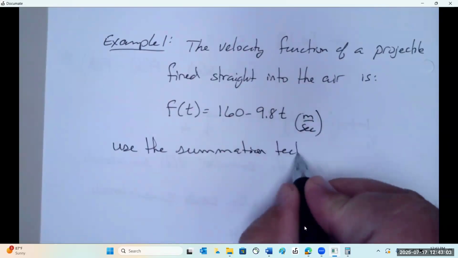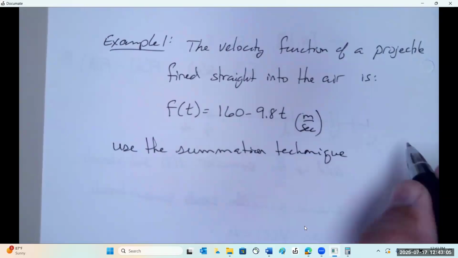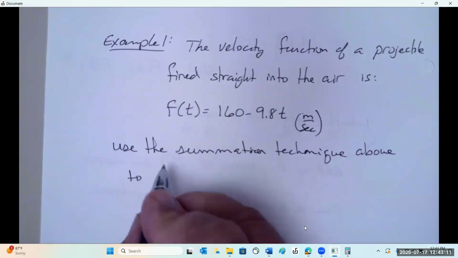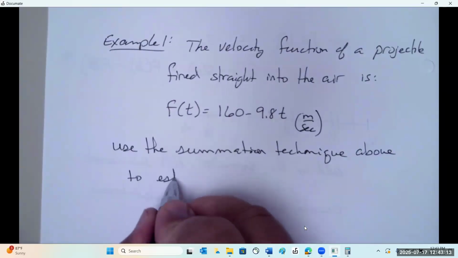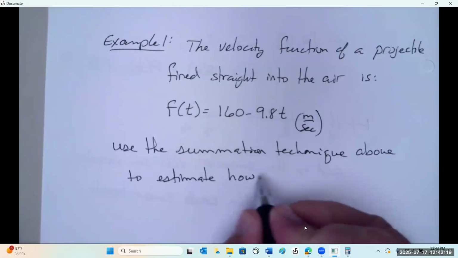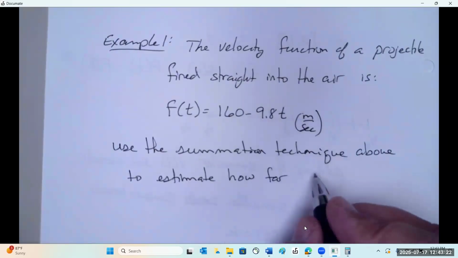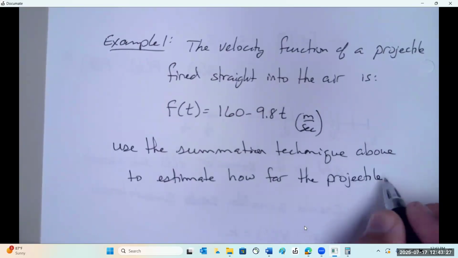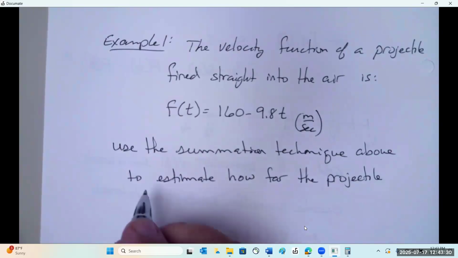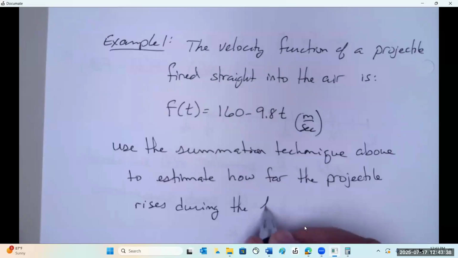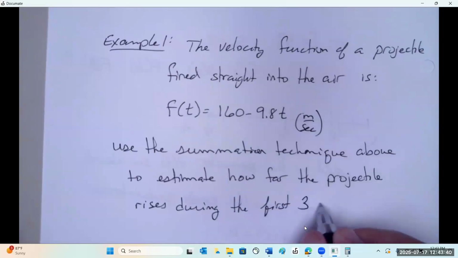Use the summation technique above to estimate how far the projectile rises during the first 3 seconds.